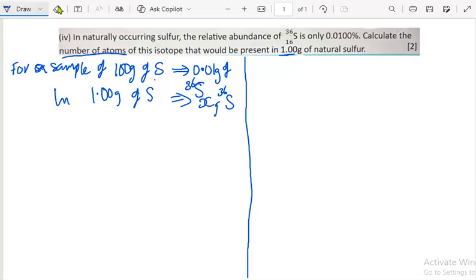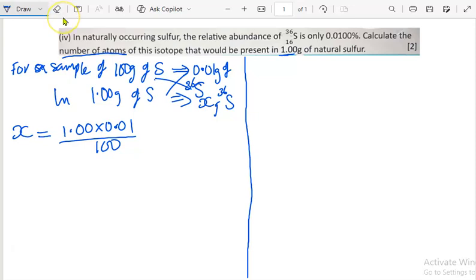So our x is equal to 1.00 times 0.01 divided by 100. This is just a simple mass calculation: cross multiply, then divide.